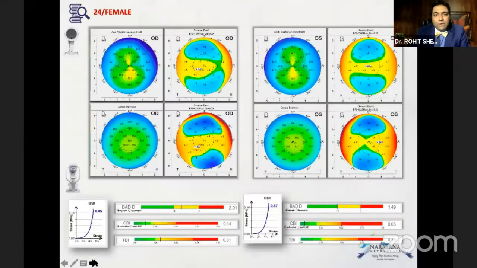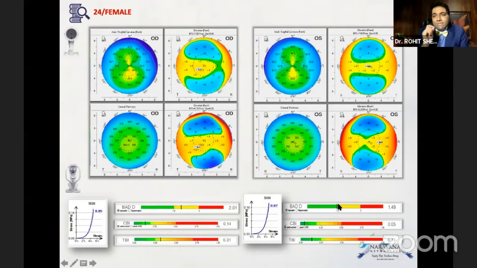Case 2 is again a confusing map, because your BAD-D is abnormal. Your TBI, which is derived primarily from your topography and the biomechanics, is borderline. And your CBI is completely normal. And look at this other eye, everything is normal, even though the BAD-D is a little on suspicion.